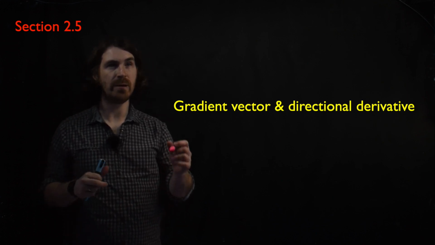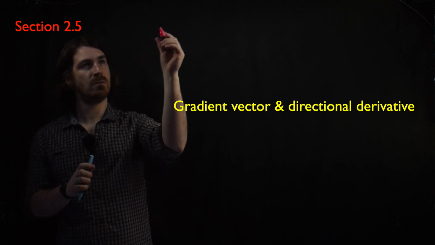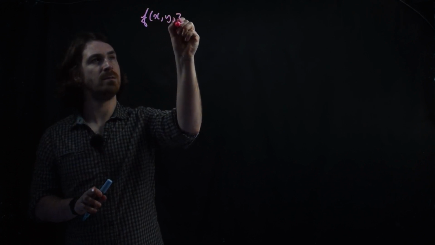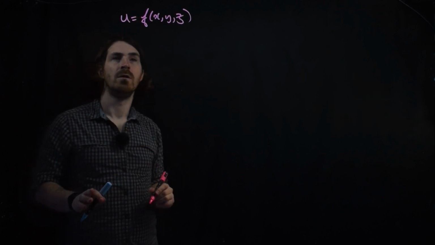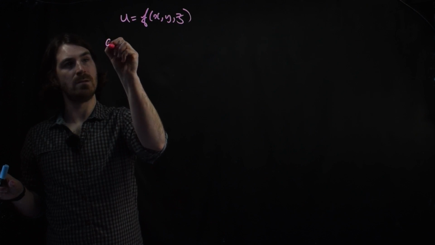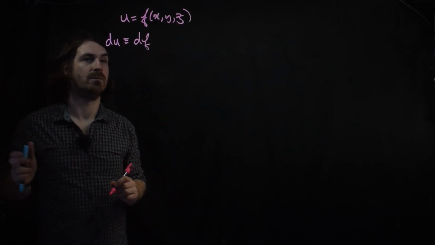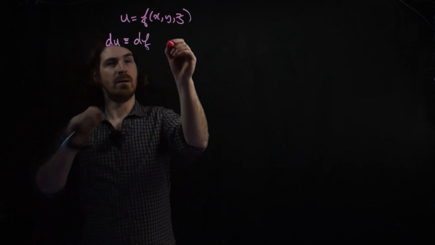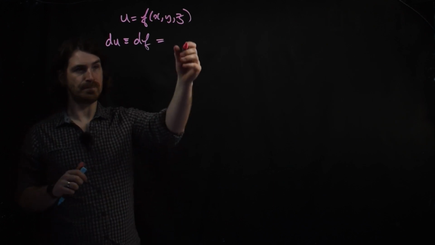Okay, so previously we considered the total differential of a function. Let's say we have a function of three variables, f, that depends on x, y, and z. Let's just call it u. We saw that the total differential, du, which is just df, can interchange u or f, equals, can you remember what it equals?